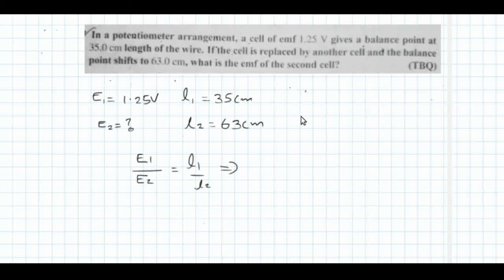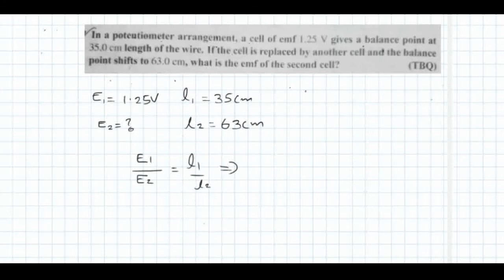For comparison of EMF, we have two secondary cells. E1 gives a balance point of 35 centimeter. After that, E1 is removed and E2 is connected to the circuit, and for E2 there is a balance point of 63 centimeter. Therefore, E1 by E2 is equal to L1 by L2.